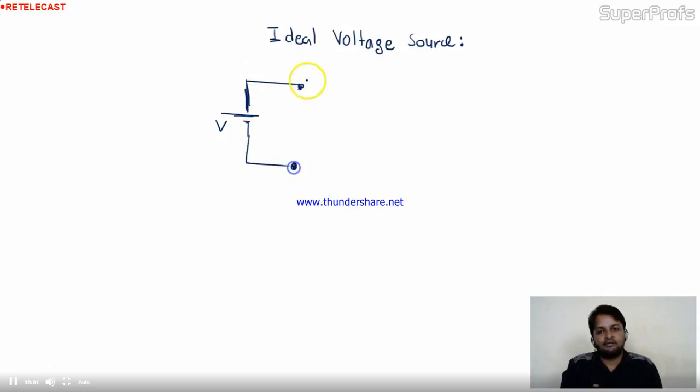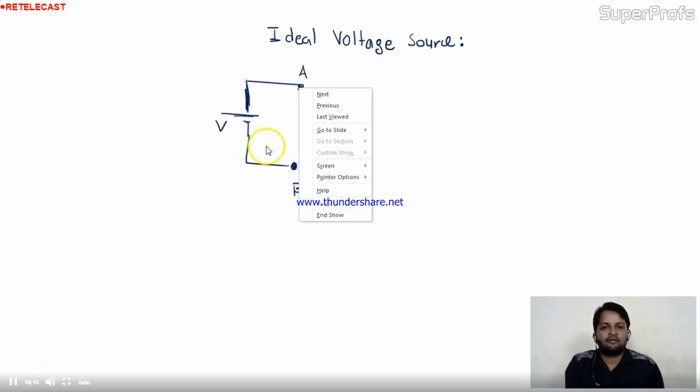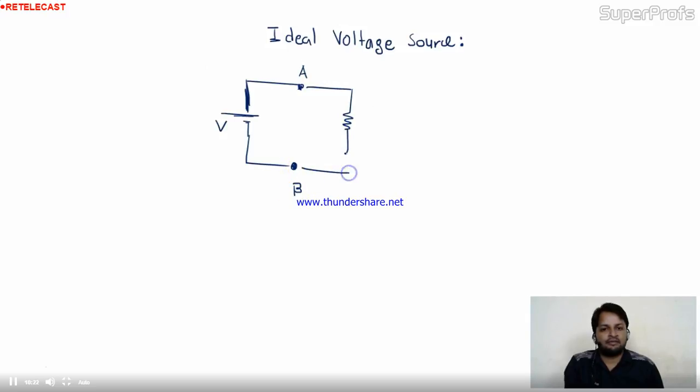You are having two terminals of the battery, A and B. Now it depends on you what you are going to do with this battery. You have to connect this in the circuit or take some power from this or whatever. So you are connecting one outer element to this battery, RL. This is the load resistance, that's why I am taking RL. So you will be having voltage VL across RL, is it?